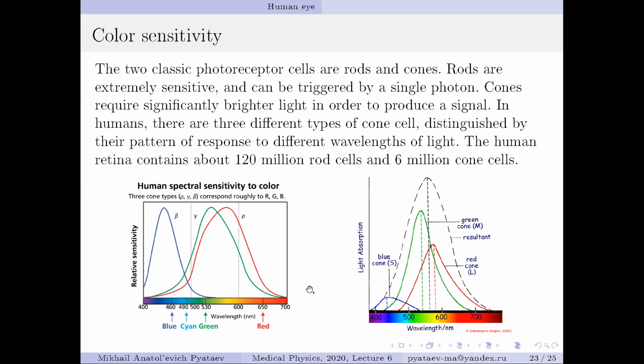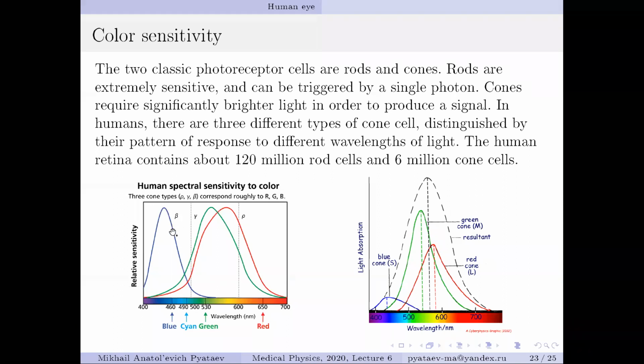In this case, all the curves are normalized to the same maximum value, so it can be considered as percentage of ability of seeing for different types of cone cells.